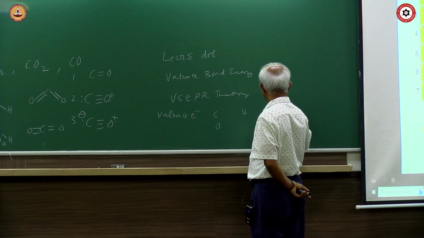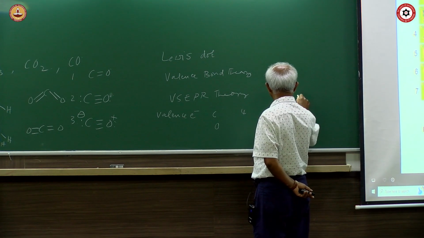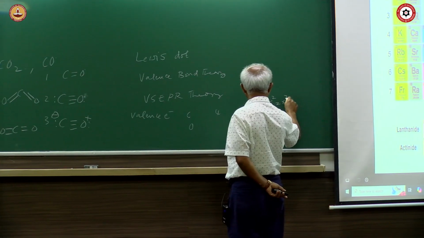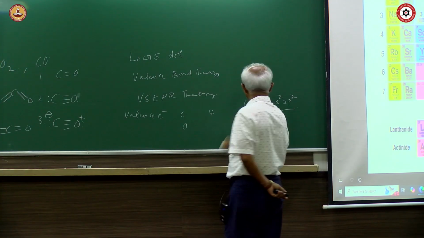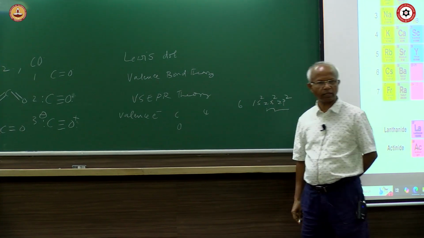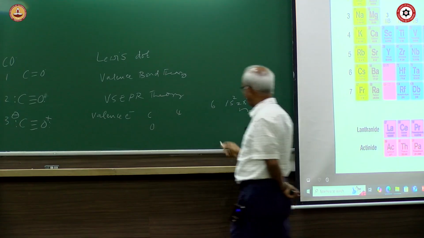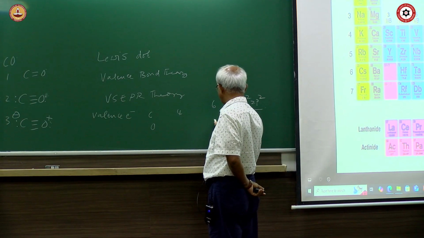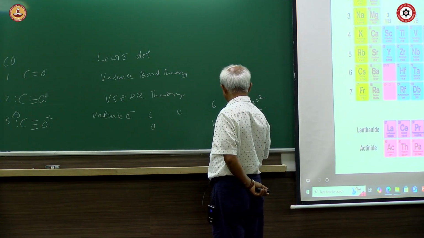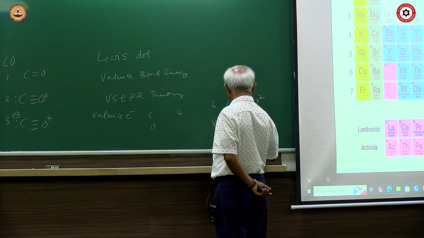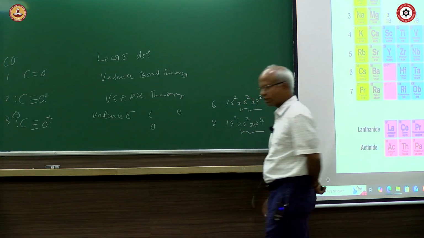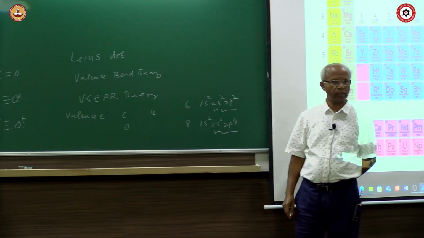The atomic number of carbon is 6, right? 1s2, 2s2, 2p2. So, 4 valence electrons, right? Similarly, oxygen has 8. So, 1s2, 2s2, 2p4. So, there are 6 valence electrons, correct?